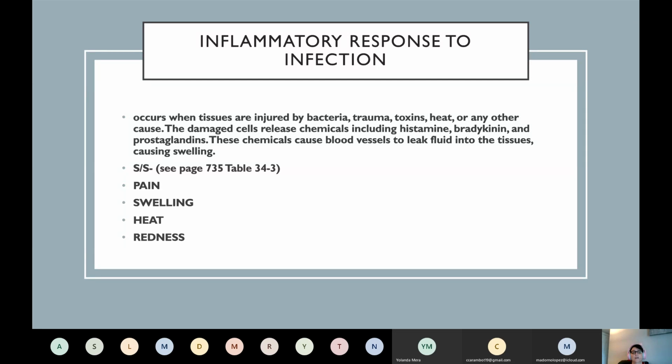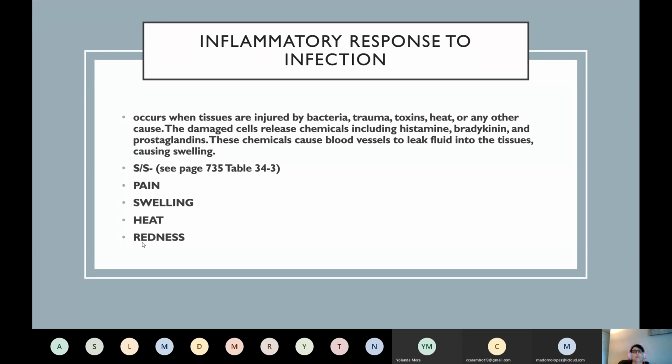But initially, when we see the inflammatory response, and I said this yesterday, this is not going to be pertinent to you because this is from an old text. But the signs and the symptoms, and you have to know these, all right, are pain, swelling, it may feel warm, and redness.